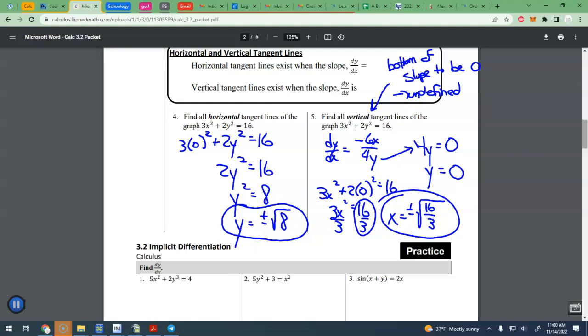Does anybody see the pen cap? Yeah, probably. Do you see it?